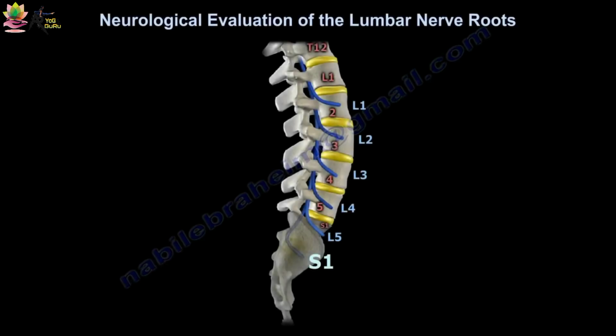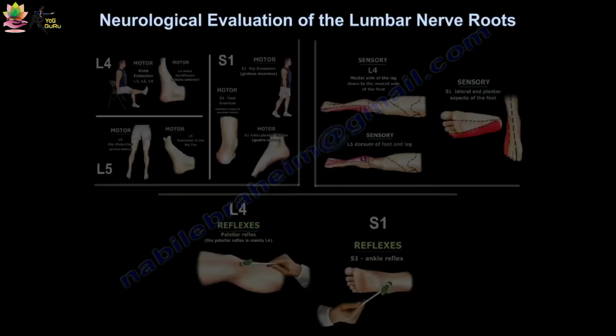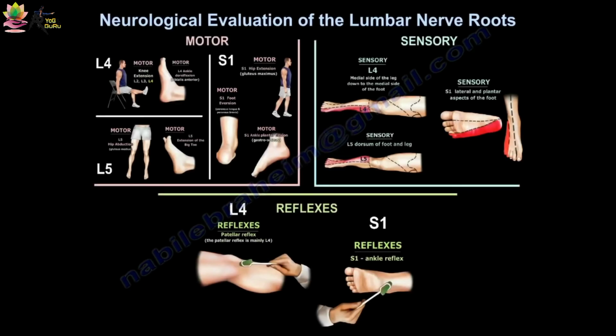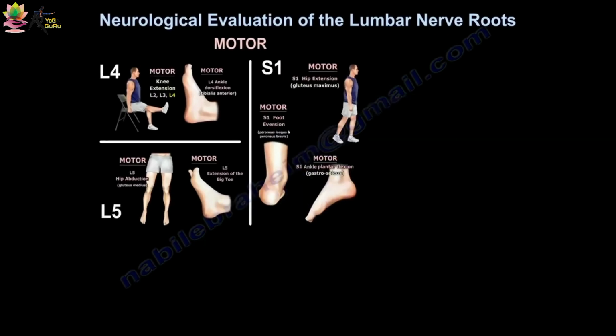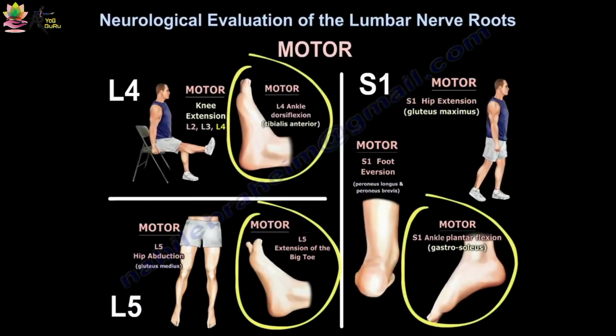So there are three important nerve roots, L4, L5, and S1. And you can check three things: the sensory, the motor, and the reflexes. If you take the motor, for L4, it's ankle dorsiflexion. For L5, the big toe or the hip abductors, the gluteus medius and minimus.